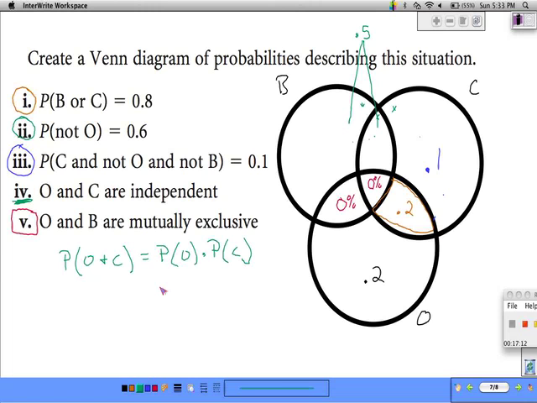The probability of O and C, I know that already from my reasoning in clue 1. This orange part is 0.2. I also know the entirety of O. The probability that someone is in an orchestra is a total of 0.4.